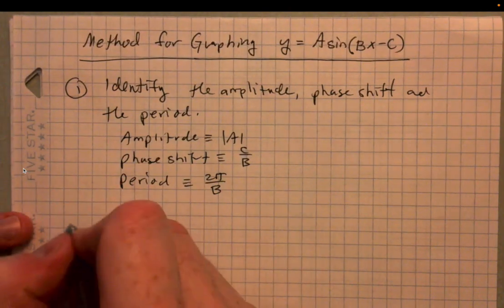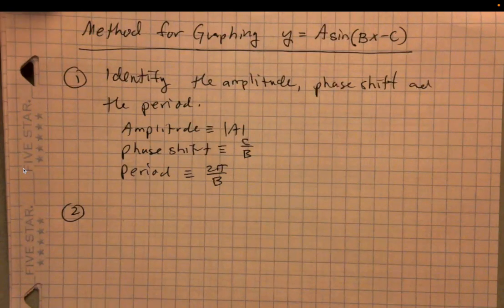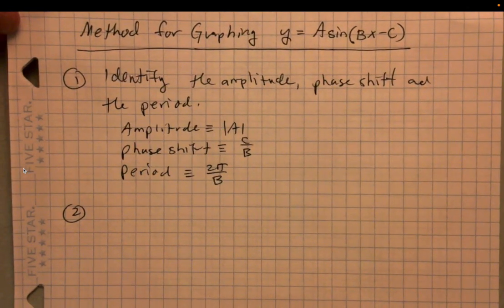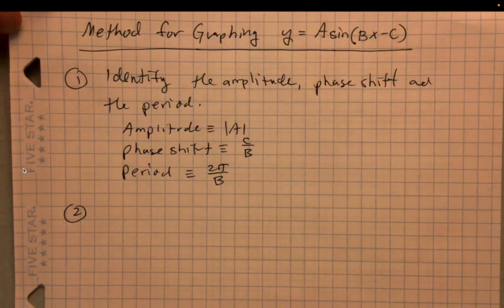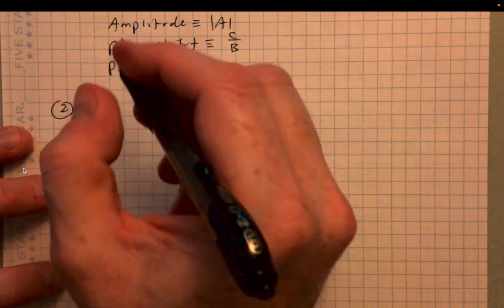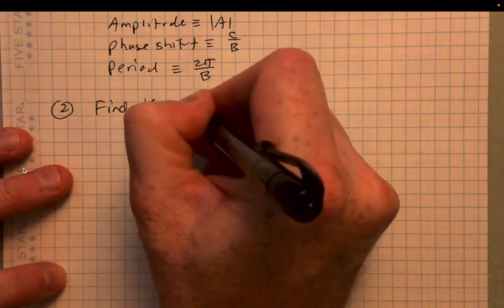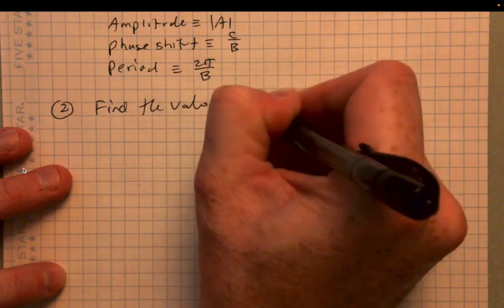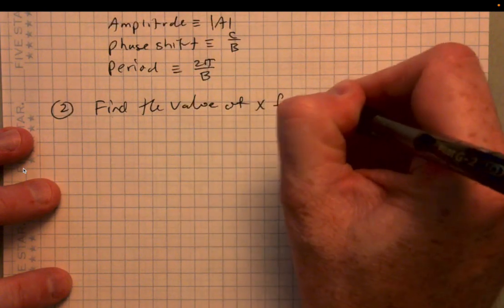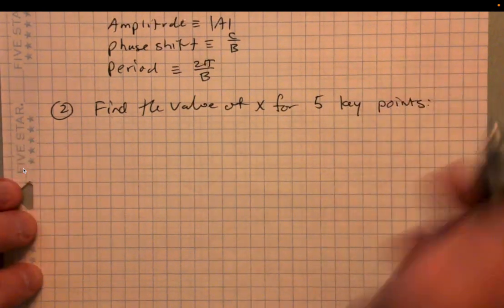Step 2 is that this method is going to use what are called key points. We want to identify 5 key points. So let's start by saying we want to find the value of x for 5 key points. What are the key points?